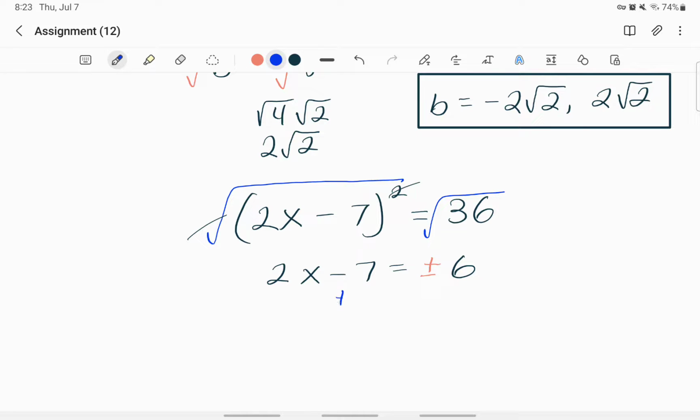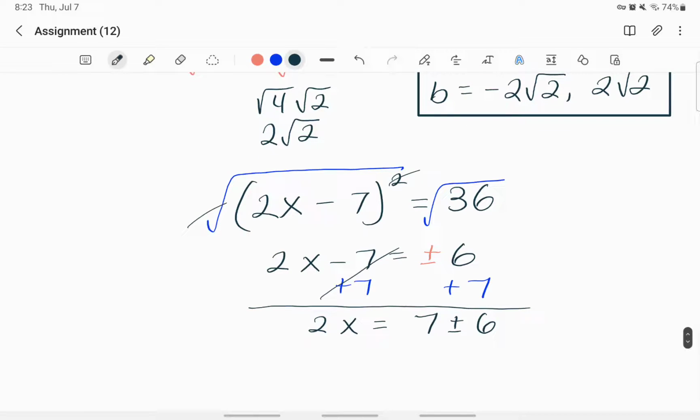Let's add 7 to both sides. So 2x equals, put the positive 7 in front, 7 plus or minus 6. And then to get x by itself, just divide both sides by 2.